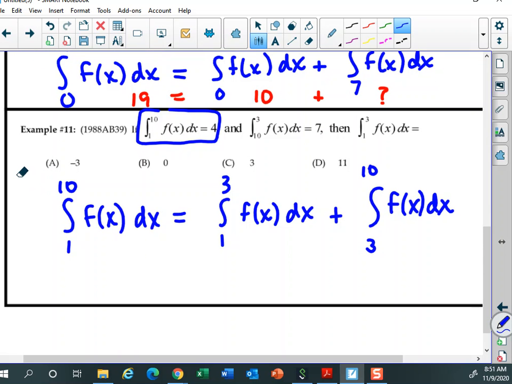Now, if I look at the things I'm given, my 1 to 10 is 4. My 1 to 3 is what I'm looking for. And check this out. It's not 3 to 10, it's 10 to 3. So if 10 to 3 is 7, 3 to 10 would be the opposite.